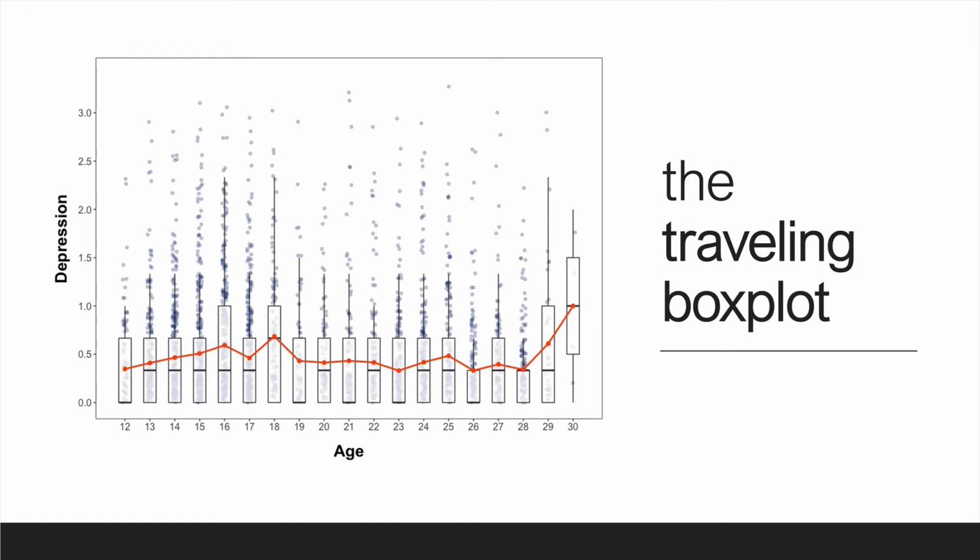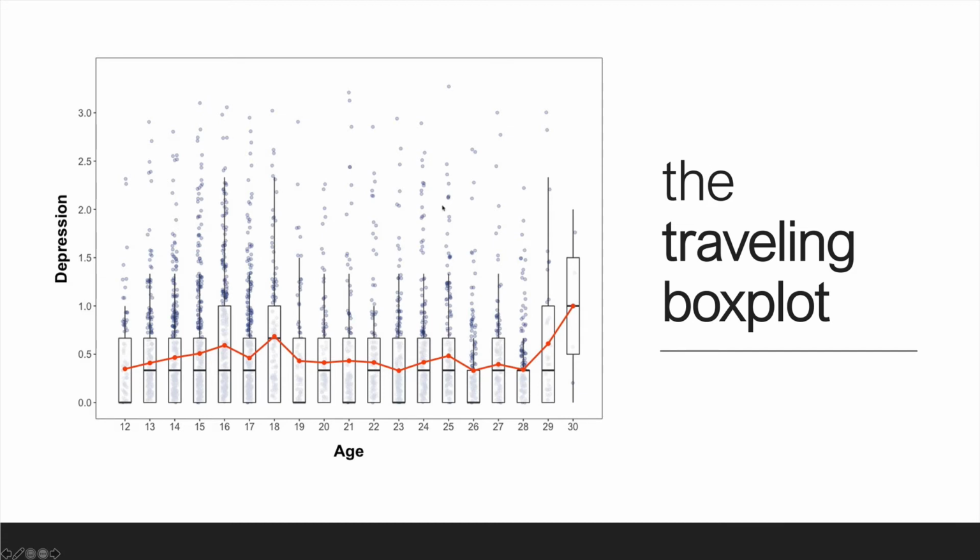Another kind of plot we can make that I think is really useful for visualizing raw data is something I call a traveling box plot. So again, you're plotting all of your ages of data, and you're plotting individual points from your longitudinal data, but we're binning the ages into 1 year or otherwise groups and showing the uncertainty in those observations at each age.